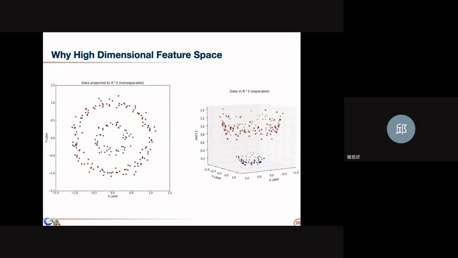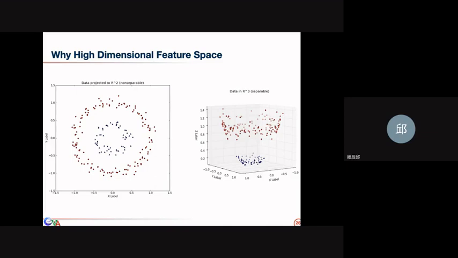So if your model is too complicated, then it is not good, because it is quite difficult for you to estimate its parameters.